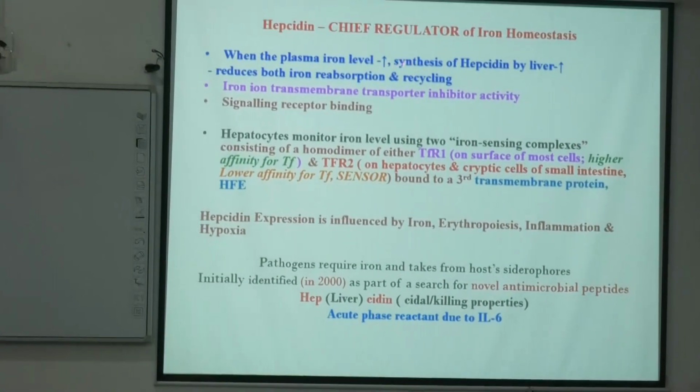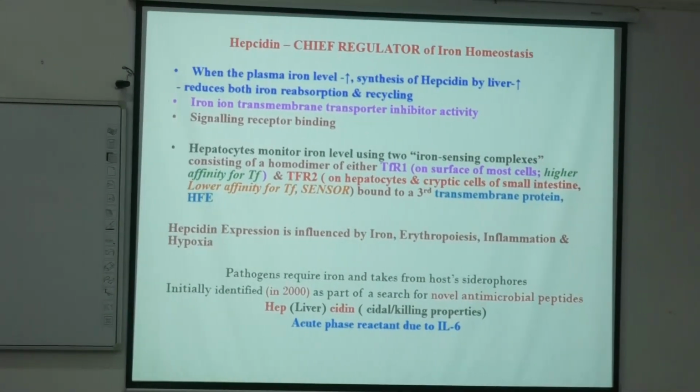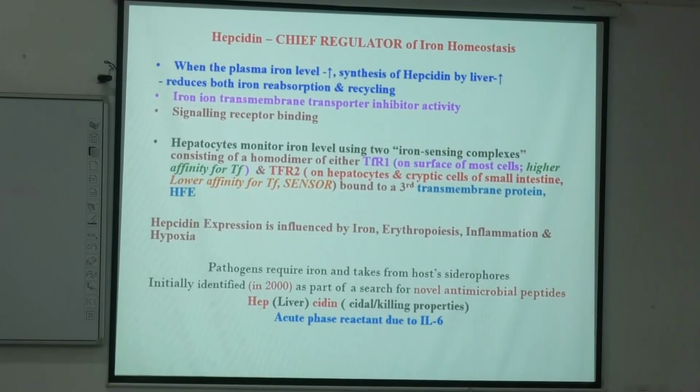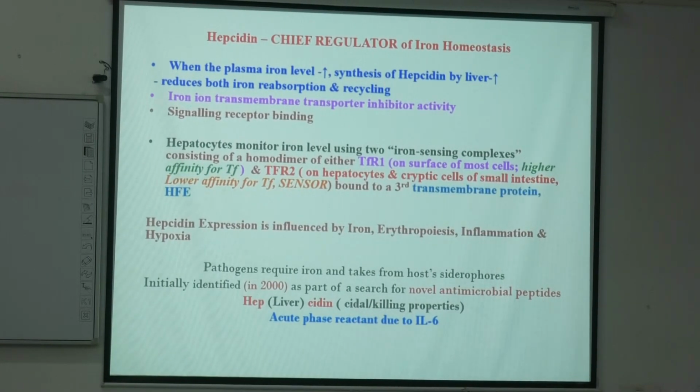Remember, when the plasma iron level is high, hepcidin level also becomes high, and it reduces both iron absorption and recycling. But remember one thing, everything has got a capacity. When the capacity is exceeded, obviously this will not function and iron will be deposited in the tissue, and that will cause hemosiderosis or hemochromatosis. So hepcidin is basically an iron transmembrane transporter inhibitor, a signal receptor.